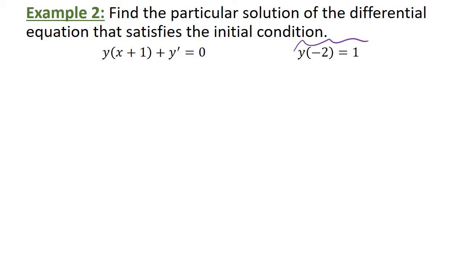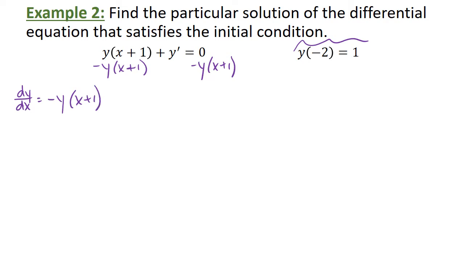Looking at this, the first thing I want to do is try to get y prime by itself. So I'm going to subtract this from both sides. And I end up with y prime, which is the same thing as saying dy dx, is equal to negative y times the quantity x plus 1.